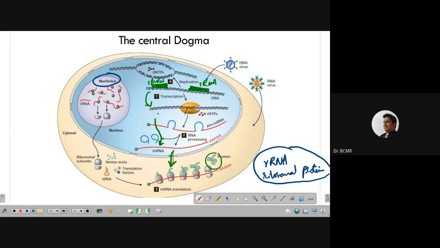These ribosomal proteins should again be taken into the nucleus. That is where rRNA genes are being transcribed. The nucleolus is the primary structural thing where ribosomes are organized. That means all the rRNA transcription happens in the nucleolus. And the ribosomal proteins that are made should be carried back into the nucleus, and then the ribosome subunits are assembled. In eukaryotes, you have 80S ribosomes.